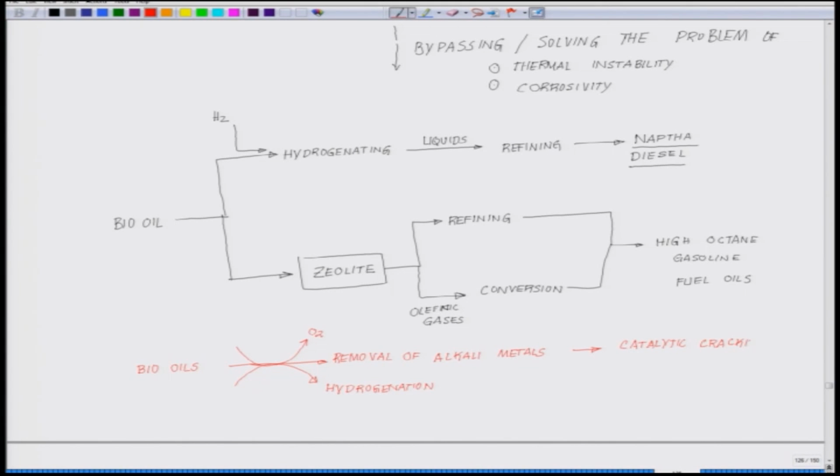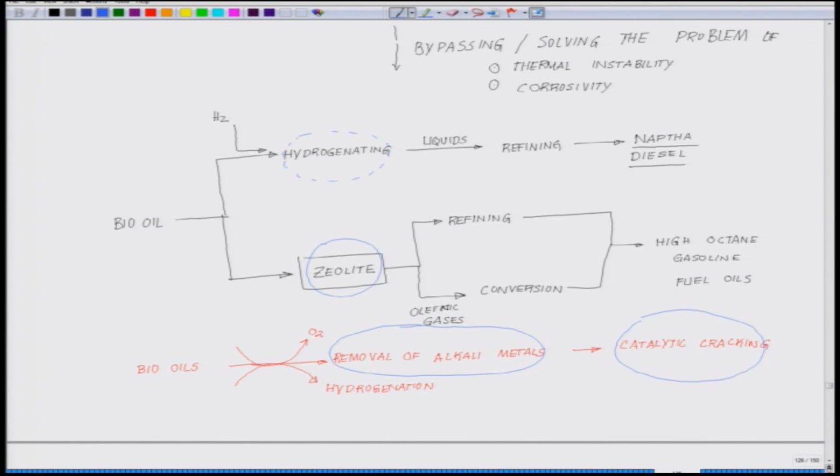What does that mean? There are three new terminologies I have introduced: zeolite, hydrogenation, which I already talked about, catalytic cracking, and removal of alkali metals. Okay.